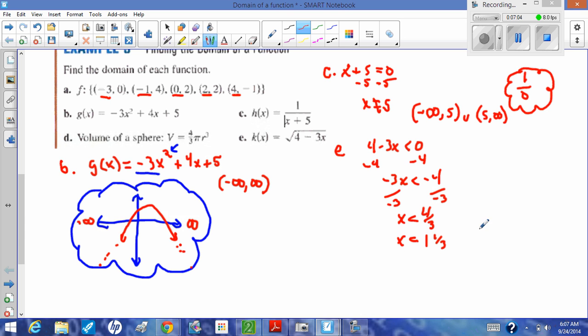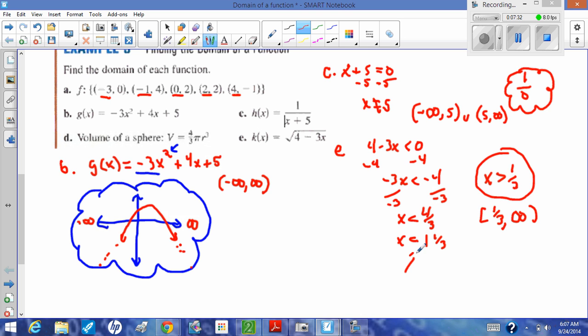These are the x's that make it undefined. So my domain are all the opposites. It's all the x's that are less than or equal to 4/3. So this is my domain. To write that, I would say, okay, it actually can be 4/3. So my domain goes from negative infinity to 4/3.